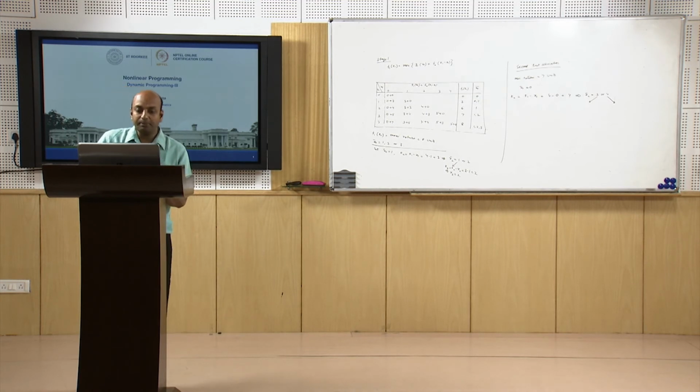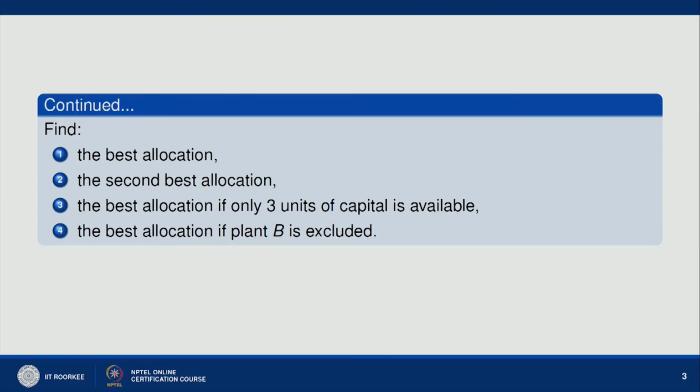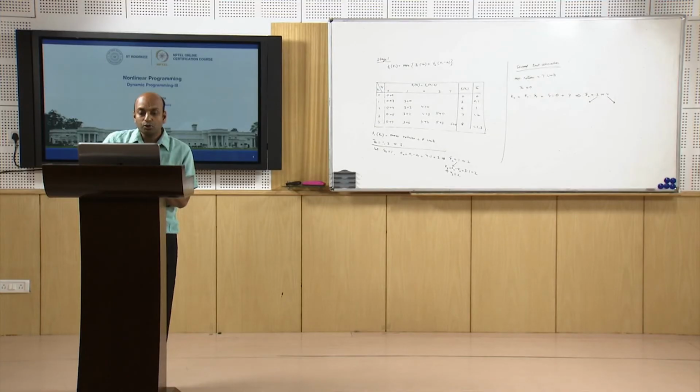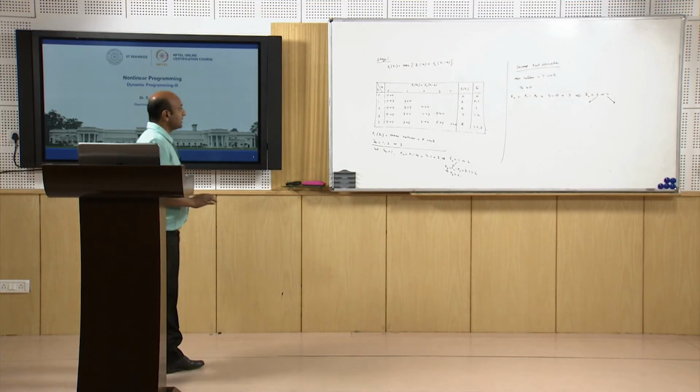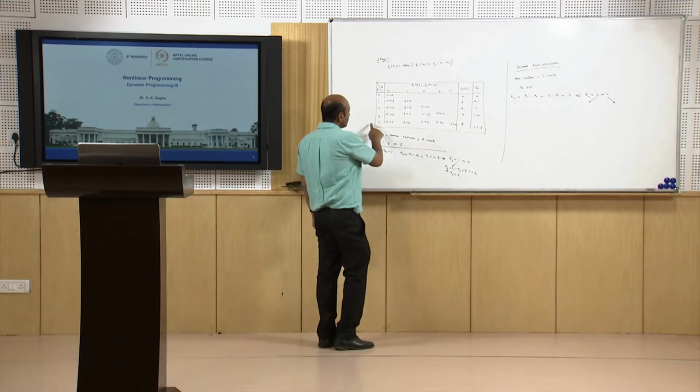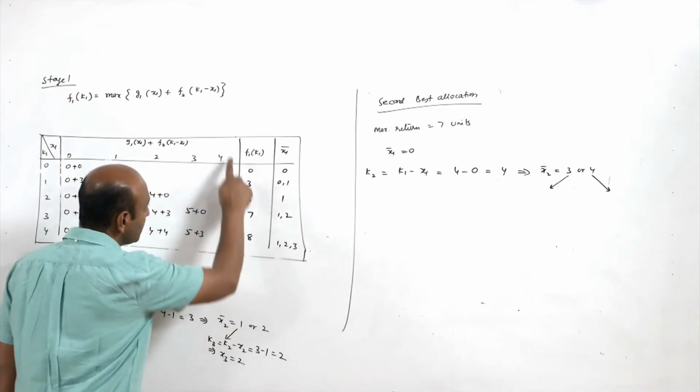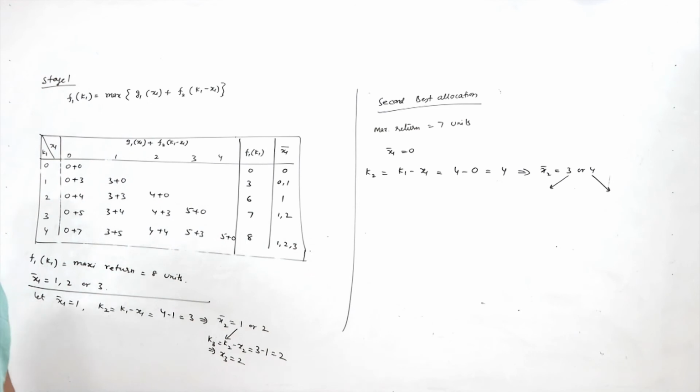Now the third part of the problem is the best allocation if only 3 units of capital is available. If only 3 units of capital is available, this means you simply delete this row and this column, because you have only 3 units of capital.